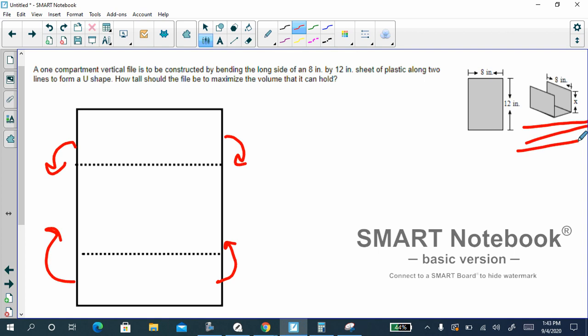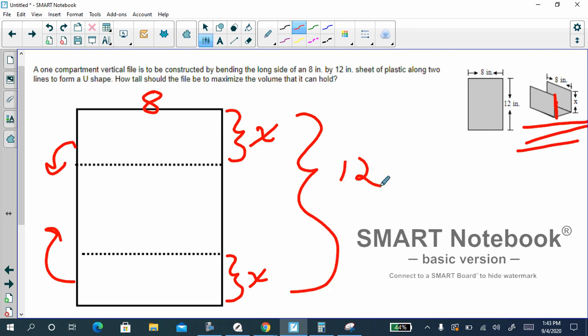So they're using x to represent the height. The height is going to be determined by where we put that crease, where we put the bend. So that's x. And down here, that would also be x, because we want both sides to be the same height. Now we're told that this is 8, and this total distance is 12.